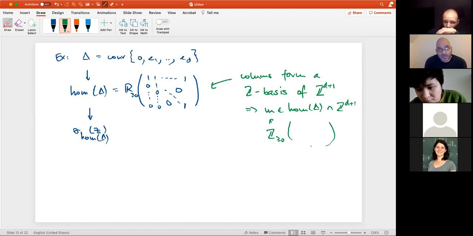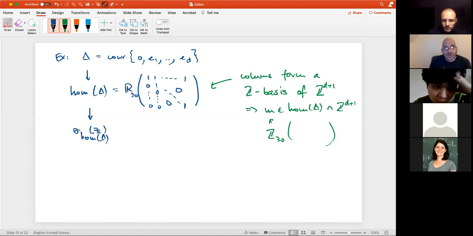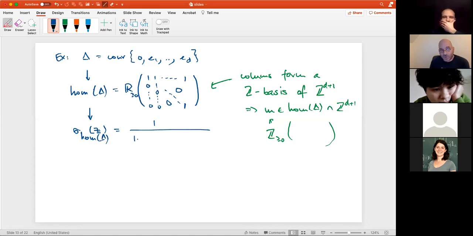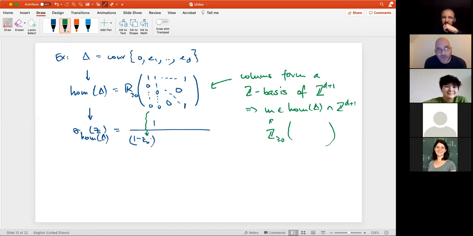And so that means my generating function is of a very special form. If you think of this as building up from geometric series, you're going to see a 1 over 1 minus z0. This comes from the first generator, which has a single 1 in the 0th coordinate.